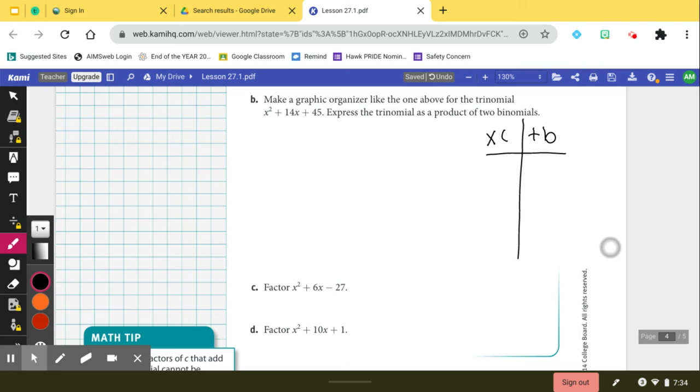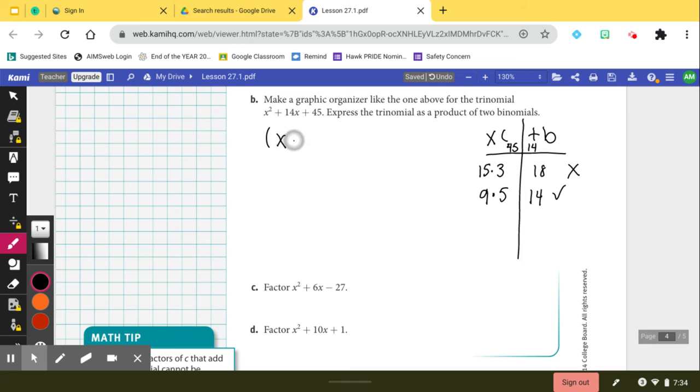So they need to multiply together to be 45 and add together to be 14. So just thinking of factors of 45, I have 15 times 3, but those add together to be 18, so that doesn't work. We have 9 times 5. 9 times 5 does, in fact, add up to 14. So 9 and 5 are my two last terms of my binomials.